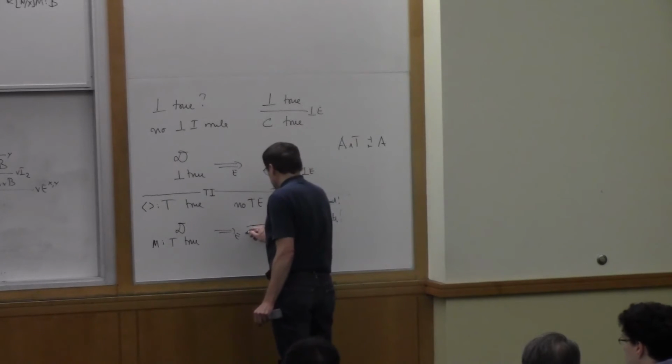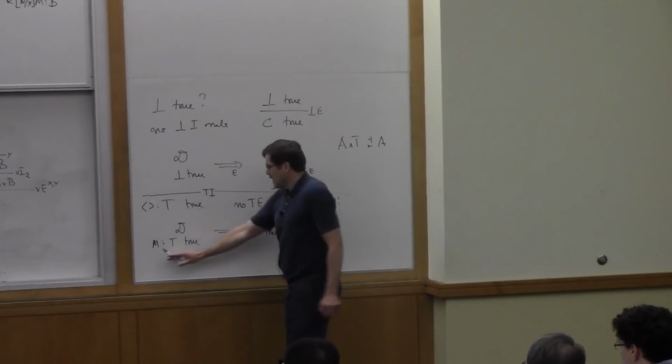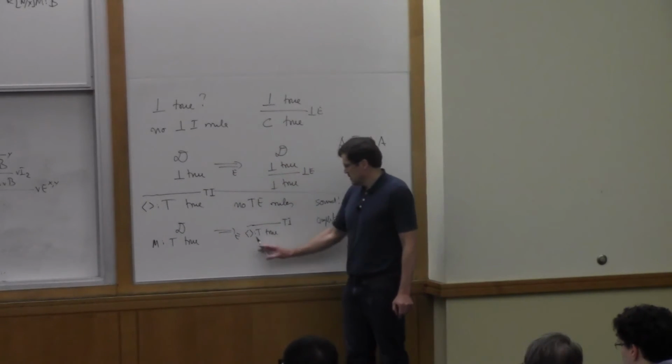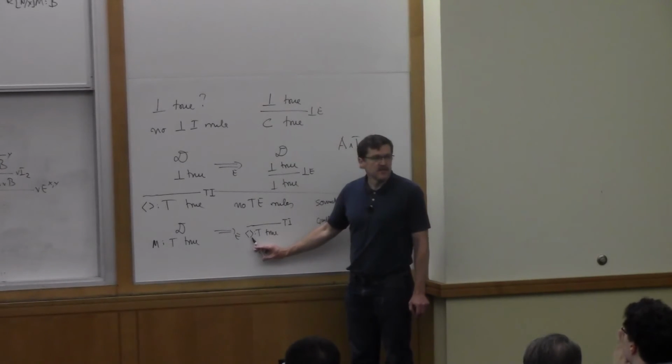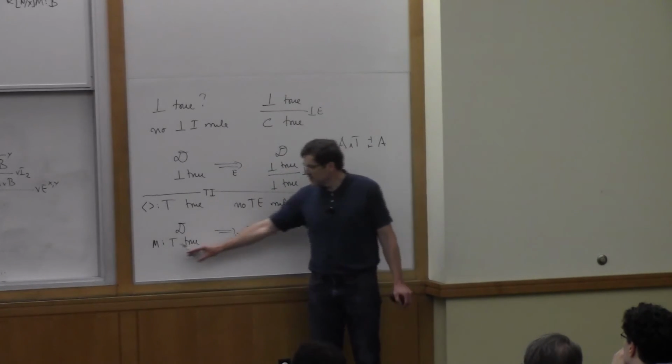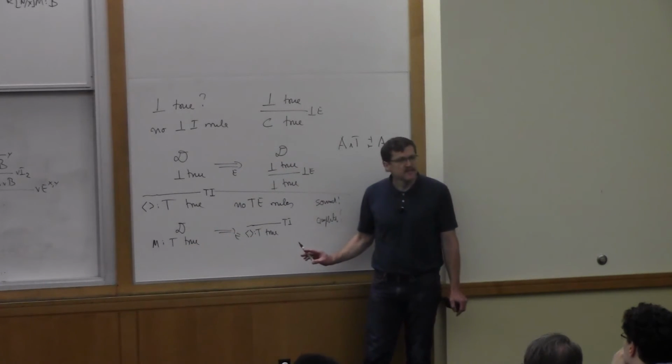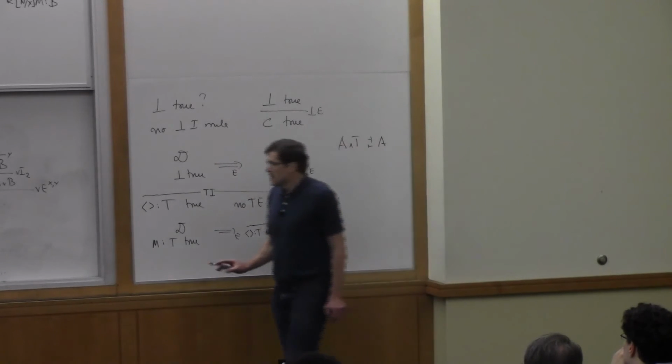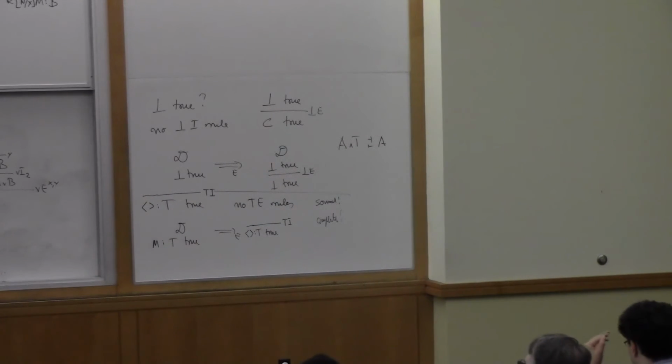And so what this means is that any M of type top is equivalent to the unit element. So this is a type with exactly one member, which is just the unit element. Everything else is equal to it extensionally. So if I want to write that down here, if M has type top, then it expands into the unit element.